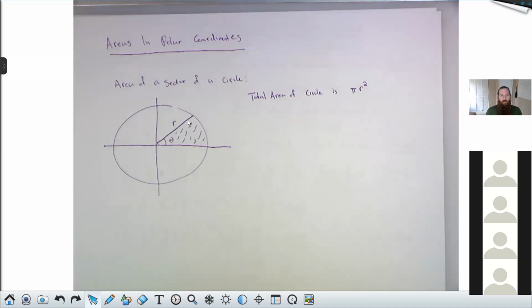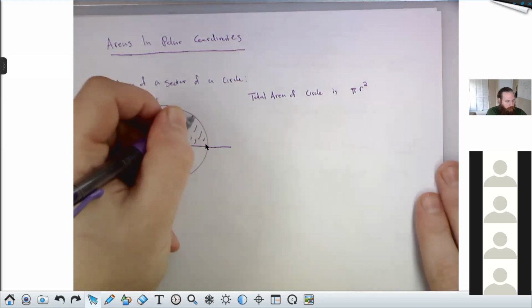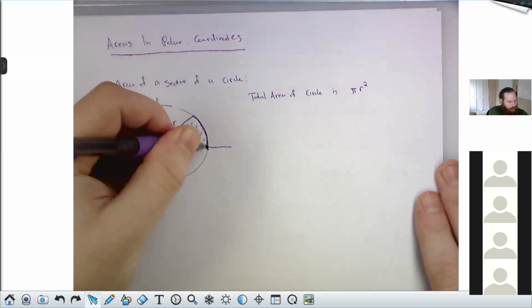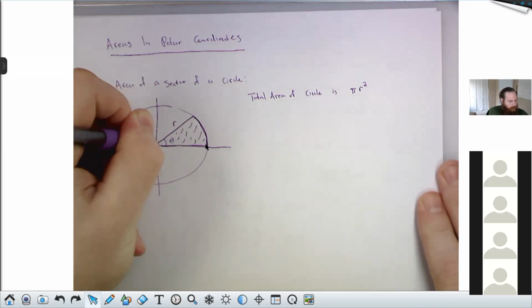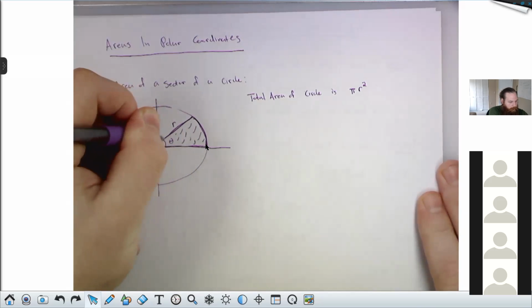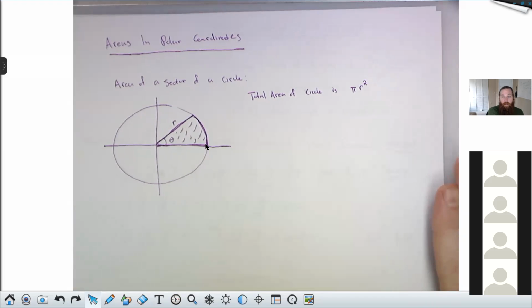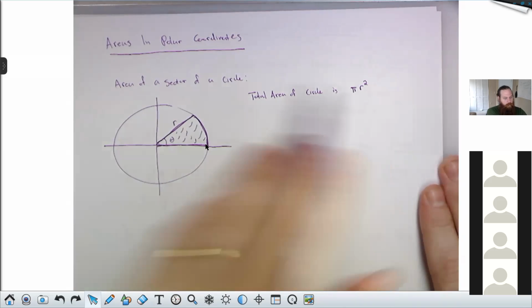Whatever formula I have for the area of this sector should give me the area of the whole circle when I plug in theta equals 2 pi. And if I plugged in theta equals pi, it should give me half the area of the circle. When I plug in theta equals 0, it should give me 0. It should be the unique linear function that is equal to this when theta is equal to 2 pi.